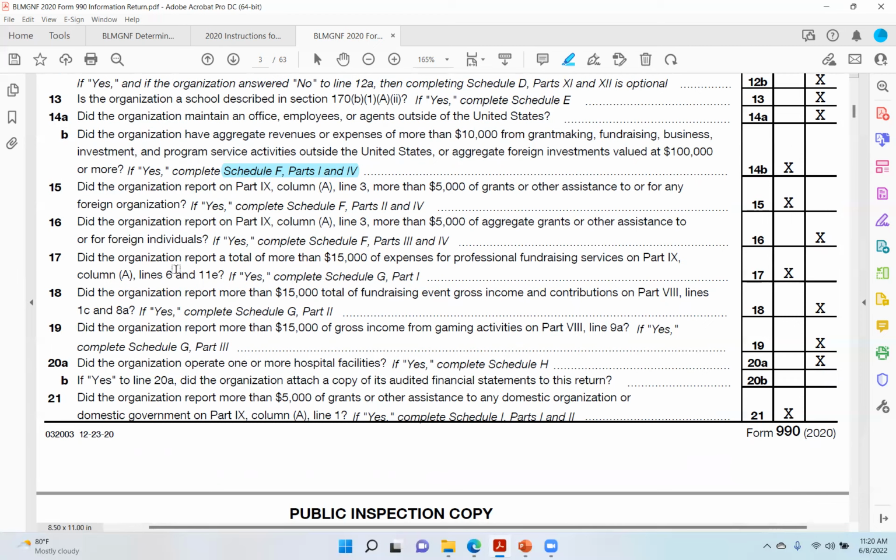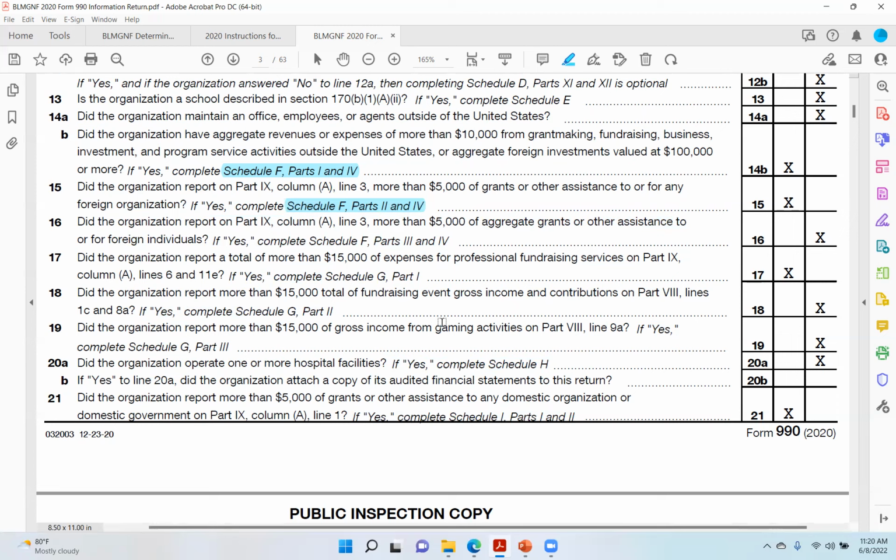I know it's a lot of talking, but this is my analysis of the Form 990 information return, Part 4. So number 15, did the organization report on Part 9, column A, line 3, more than $5,000 of grants or other assistance to or for any foreign organization? If yes, complete Schedule F, parts 2 and 4. So they said yes, so we should be able to see that schedule. It's a lot of schedules they've attached to this Form 990.